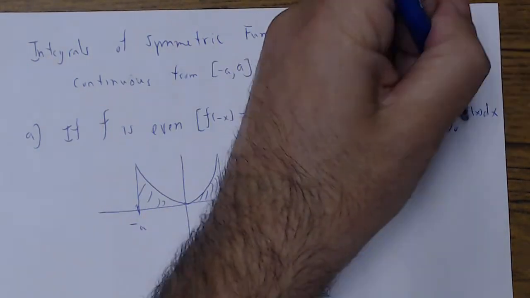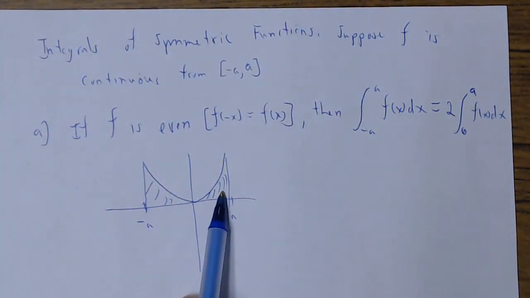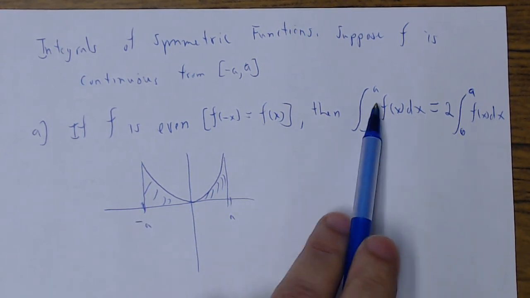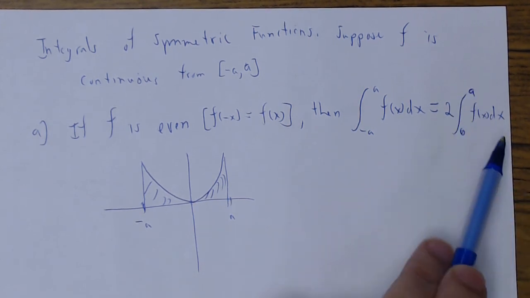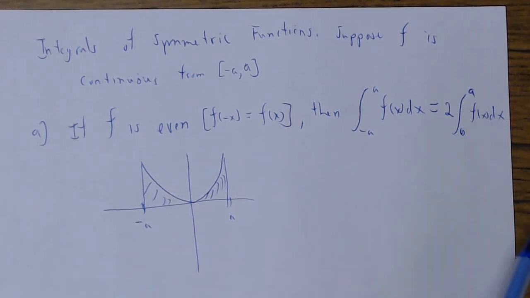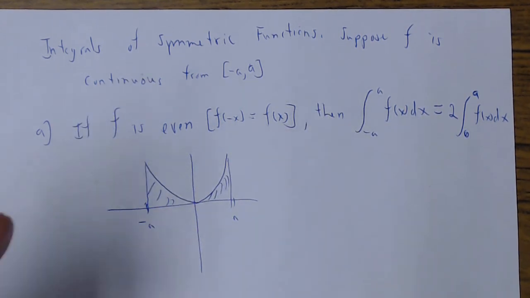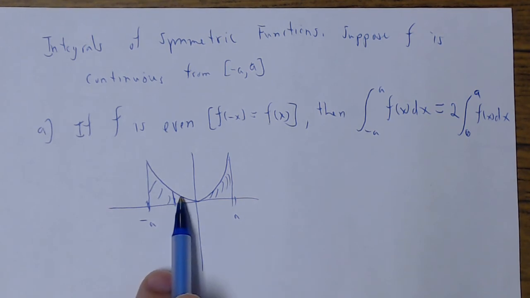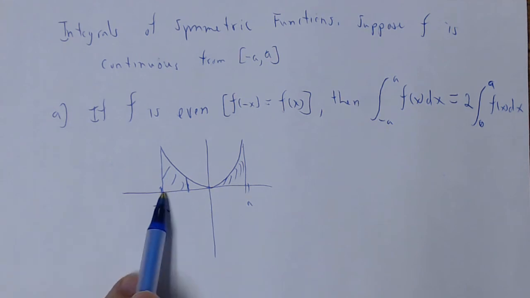If I take this area and double it, it'll be the same thing as taking the integral from -a to a. It makes things easier because I'm starting from 0 and going to a, and you double it. But remember, my lower and upper limits have to be exact opposites. If they're not, say this is my lower limit and that's my upper limit, clearly the area on the left is smaller than the area on the right. So the lower and upper limits have to be exact opposites.